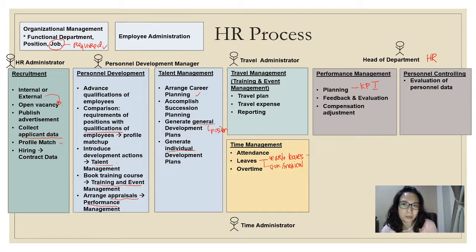It means checking whether the functional department has enough employees or not, or maybe one department has too many employees and another department has too few. So personnel controlling is to manage and make sure that the business process in one functional department can be handled by the employees, to keep the staffing balanced.